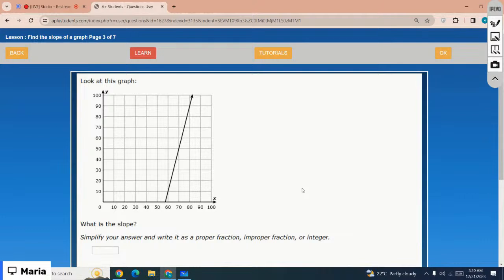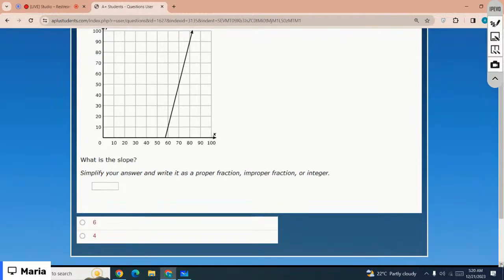Which is the correct option? The slope of this graph is 4. The correct option is 4. Very good.